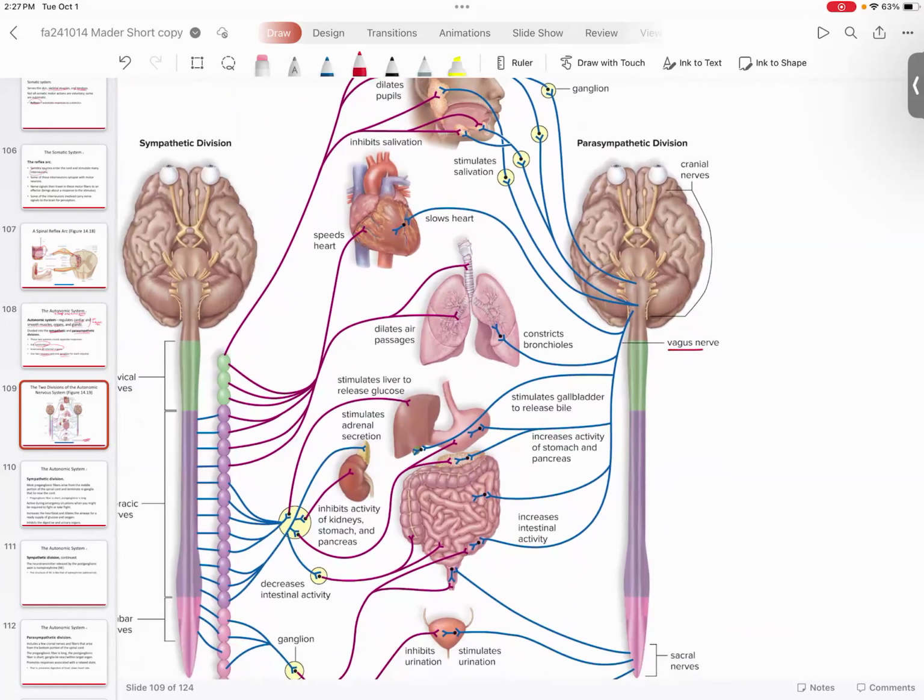You have the vagus nerve, which has multiple branches, which will basically innervate, say, for instance, the heart, which will basically slow the heart down, or it will innervate the lungs, which will have the effect of constricting the bronchioles to slow down your breathing, or it will stimulate your gallbladder or your stomach or your pancreas.